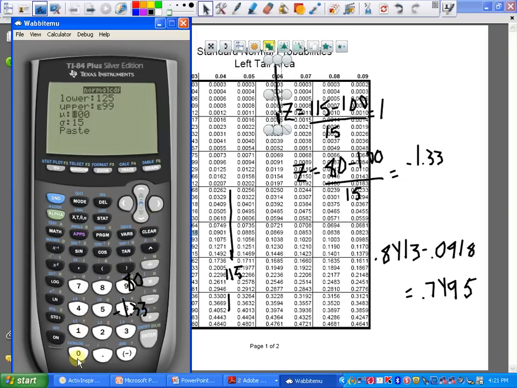I'll go back to 0 and 1, meaning I'm using z-scores. This time, since I'm not going to the tail, I can just put my lower bound in, negative 1.33, and my upper bound of 1. I'm trying to get the area in between these two z-scores, so I have a lower bound and an upper bound.